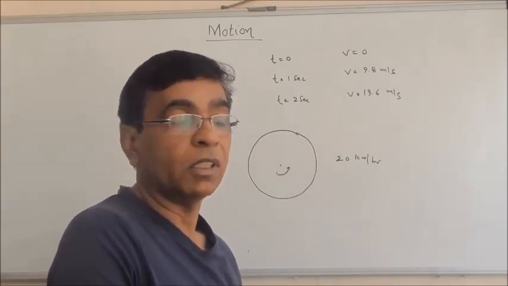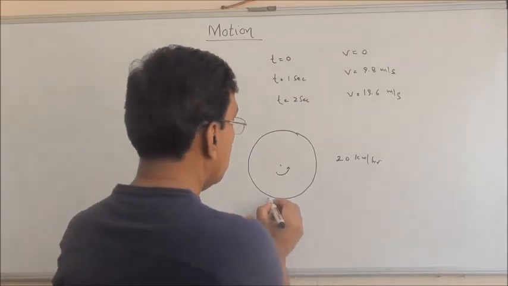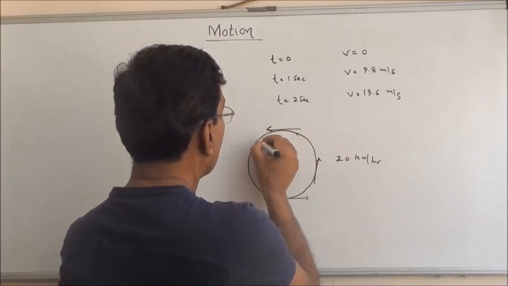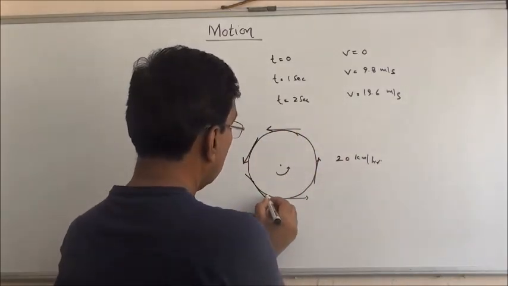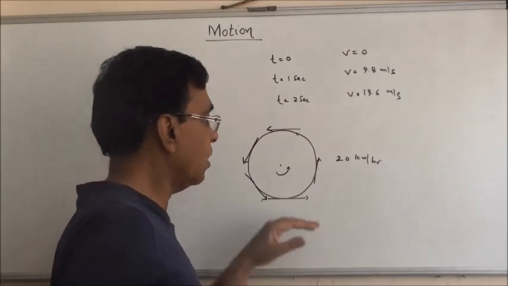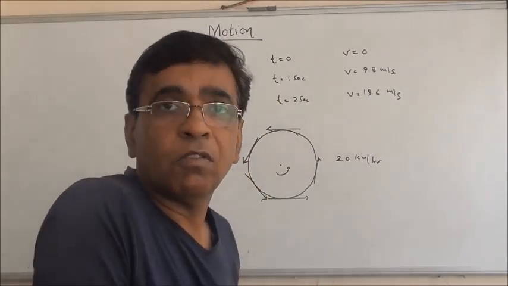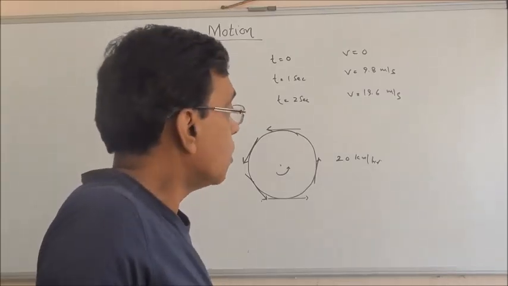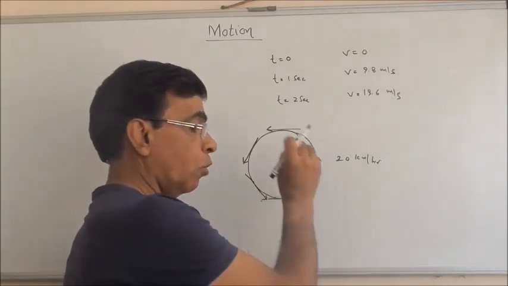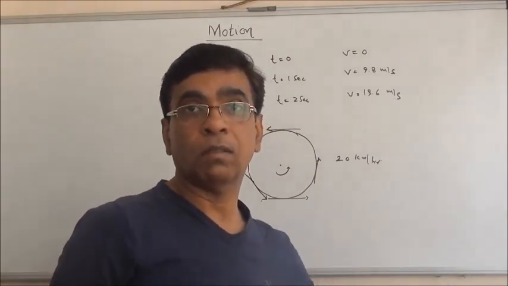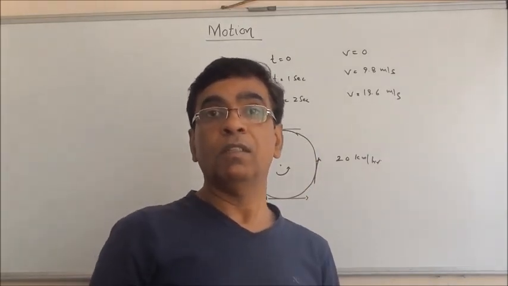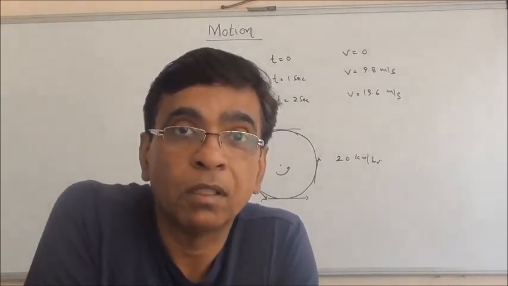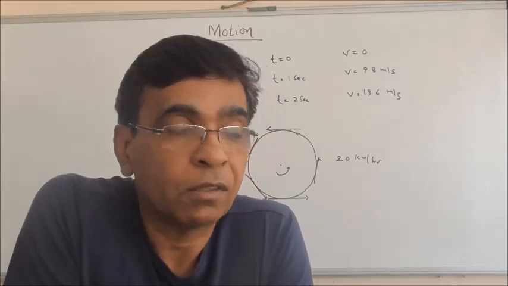Acceleration means velocity actually. So here velocity is changing when the body is moving on a circular path. There is a change in the direction of motion. So there is a change in velocity, and hence the motion is accelerated motion. So for a body moving on a circular path, the velocity changes, or we can say the motion of an object on a circular path is accelerated motion.